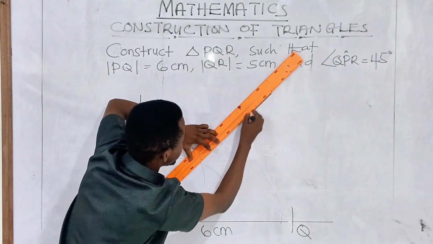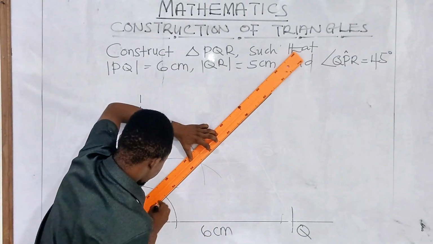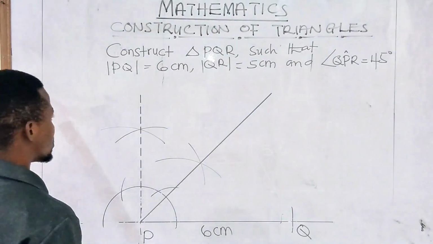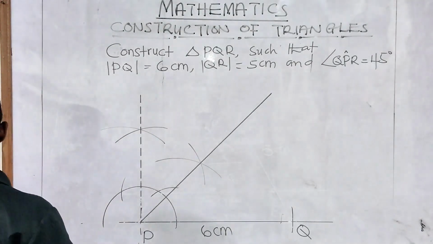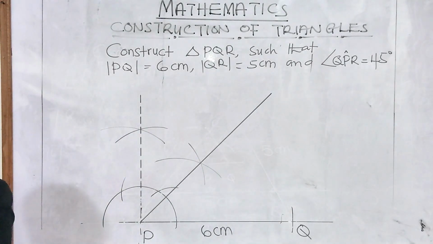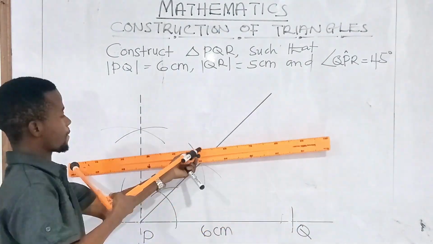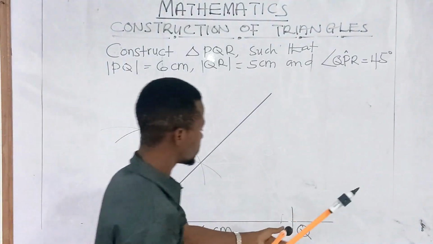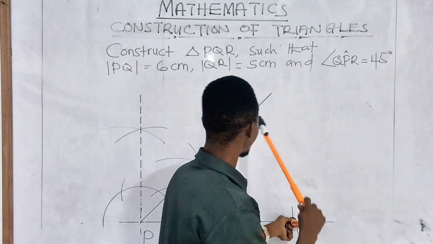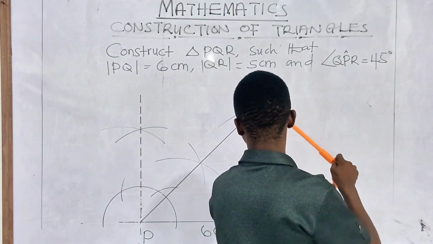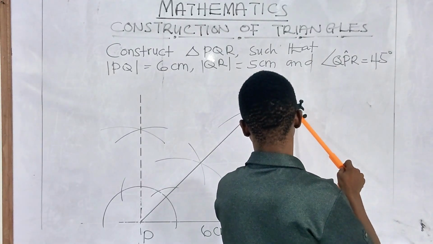So I'll draw my line like this. Now my QR is 5 centimeters. I'll measure 5 centimeters. Then I'll stand at Q. I'll make an arc to bisect this line here.